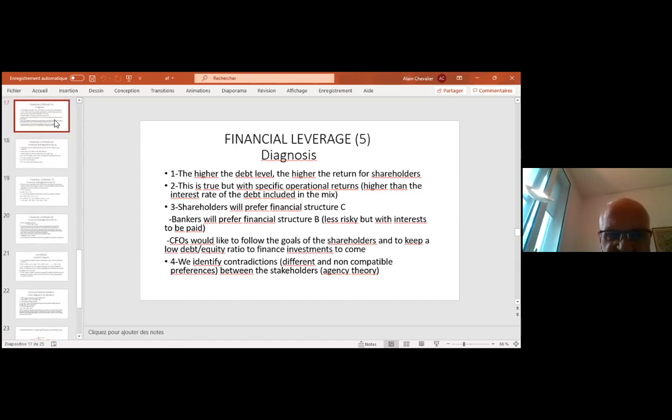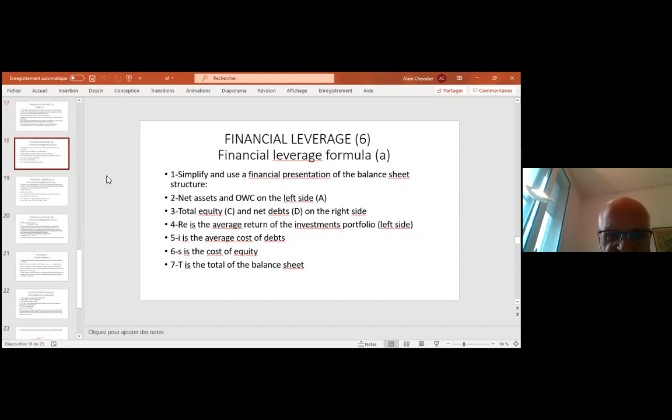slide number 17, okay? And you have to move now to find number 18. But slide number 18 is another question. And if you go back to my first slide, you will understand what it is right now. We have to try to formulate the leverage formula.